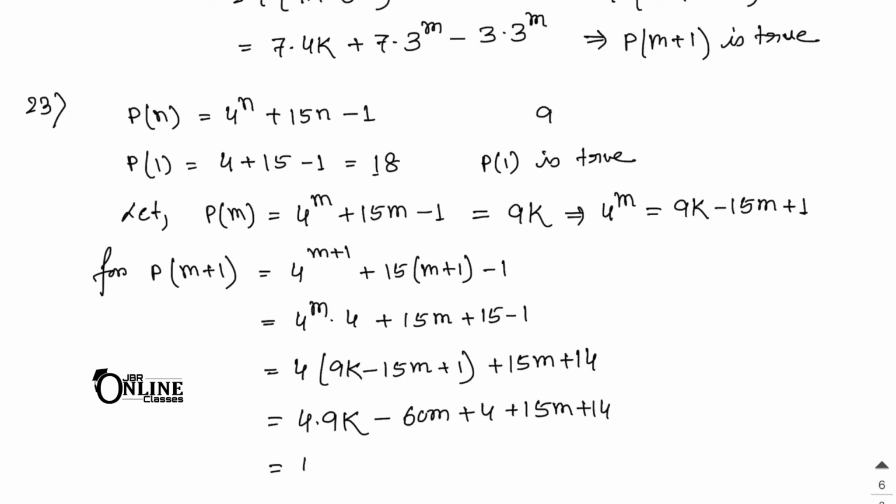So here 4 into 9k, and 14 plus 4 is 18, and 60m minus 15m will be 45m.